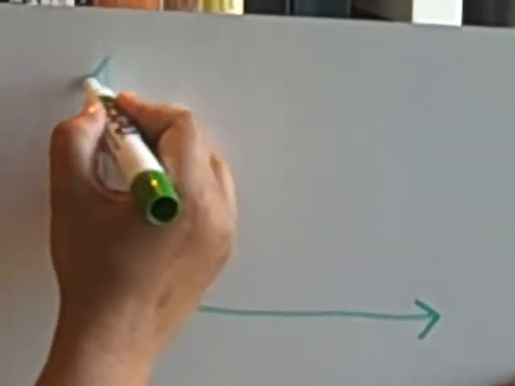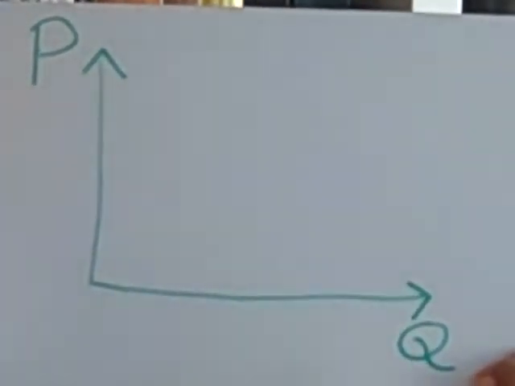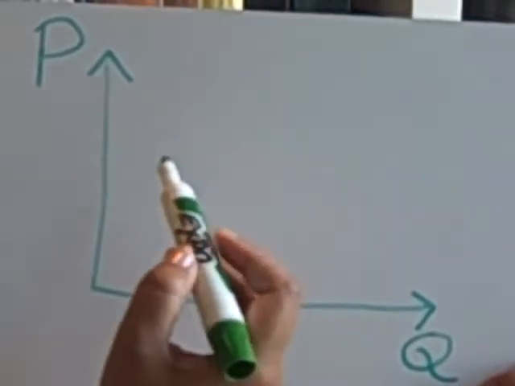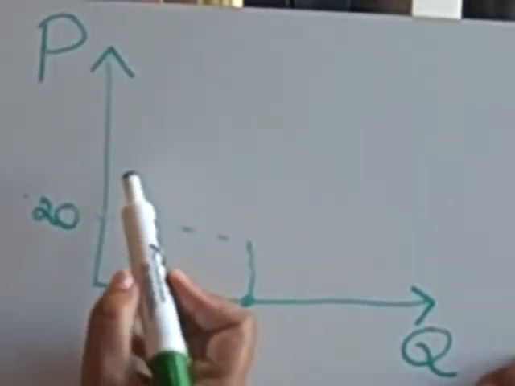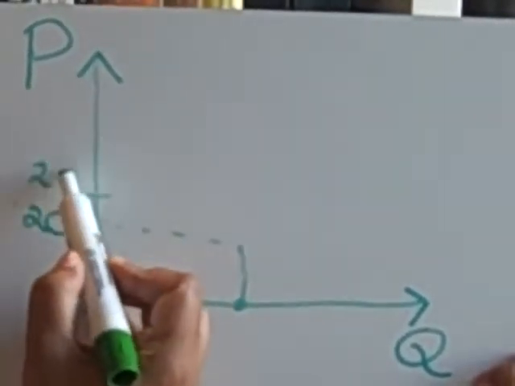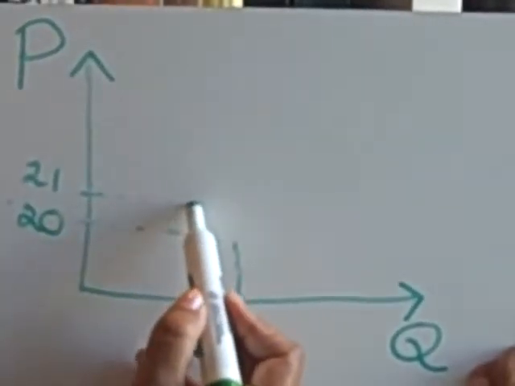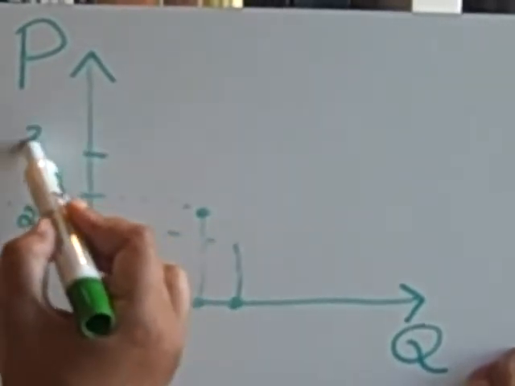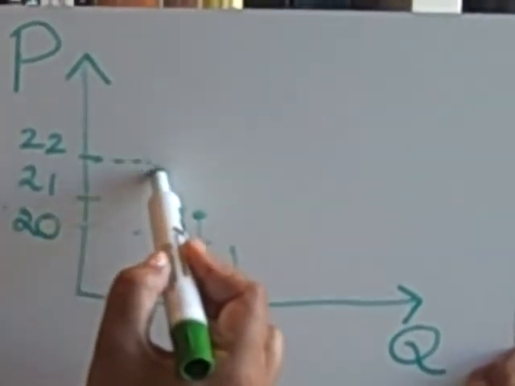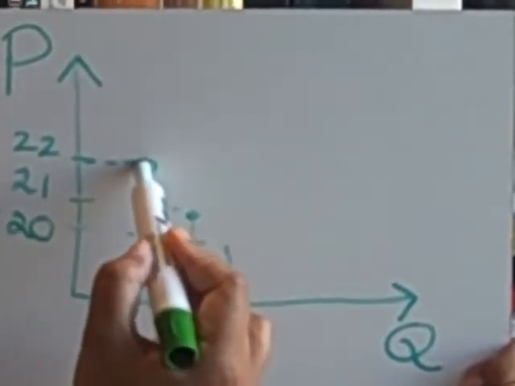and I have to put, remember, price on the vertical axis, and I have to put quantity on the horizontal axis, and I get the data that maybe for $20,000 people are willing to buy this many cars, and for $21,000 fewer people are going to buy the car, that's likely, and for $22,000 even fewer people are going to buy the car.